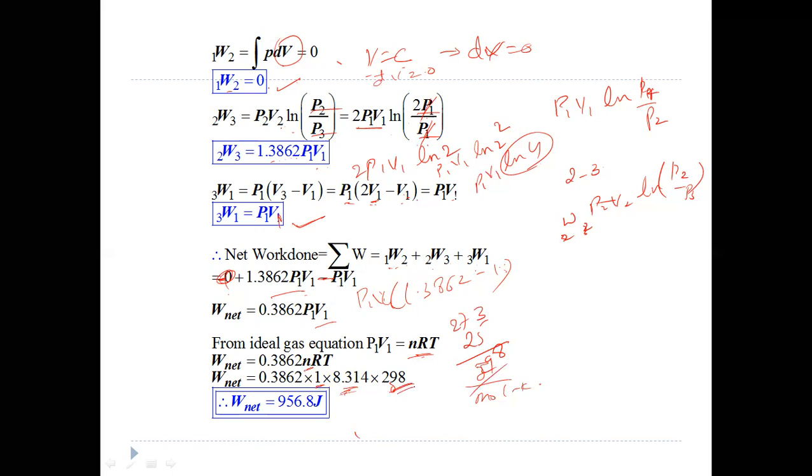If you multiply 0.3862 into 1 mole into 8.314 into 298, we get W net as 956.8 joules, or in kilojoules, W net is 0.956 kilojoules.